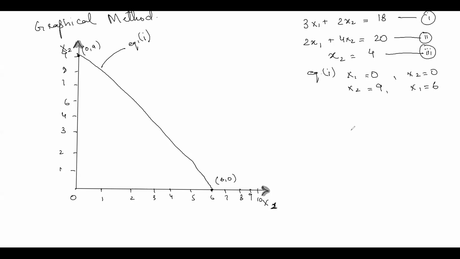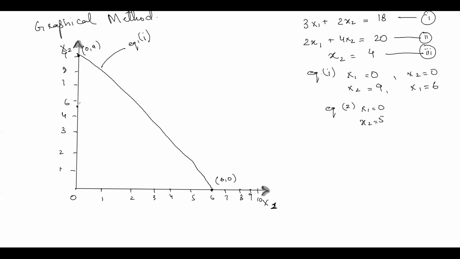For equation number 2, we put x1 equals 0. We will get x2 equals 5. So x1 is 0, and we get somewhere here.